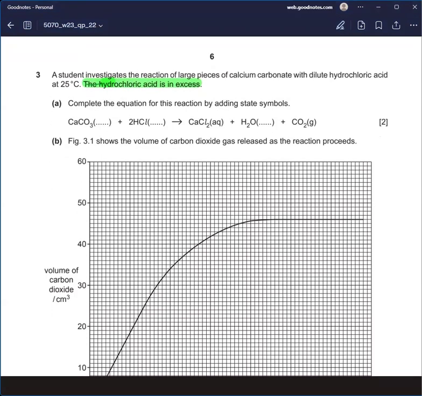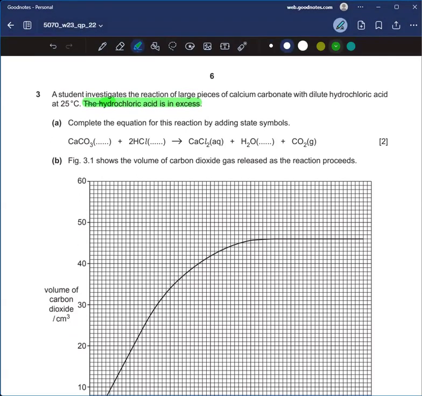Complete the equation for this reaction by just adding state symbols. We know that all carbonates are solids, so write solid here. We know HCl is aqueous. Calcium chloride is aqueous, already given. H2O is liquid. And we are done with it.